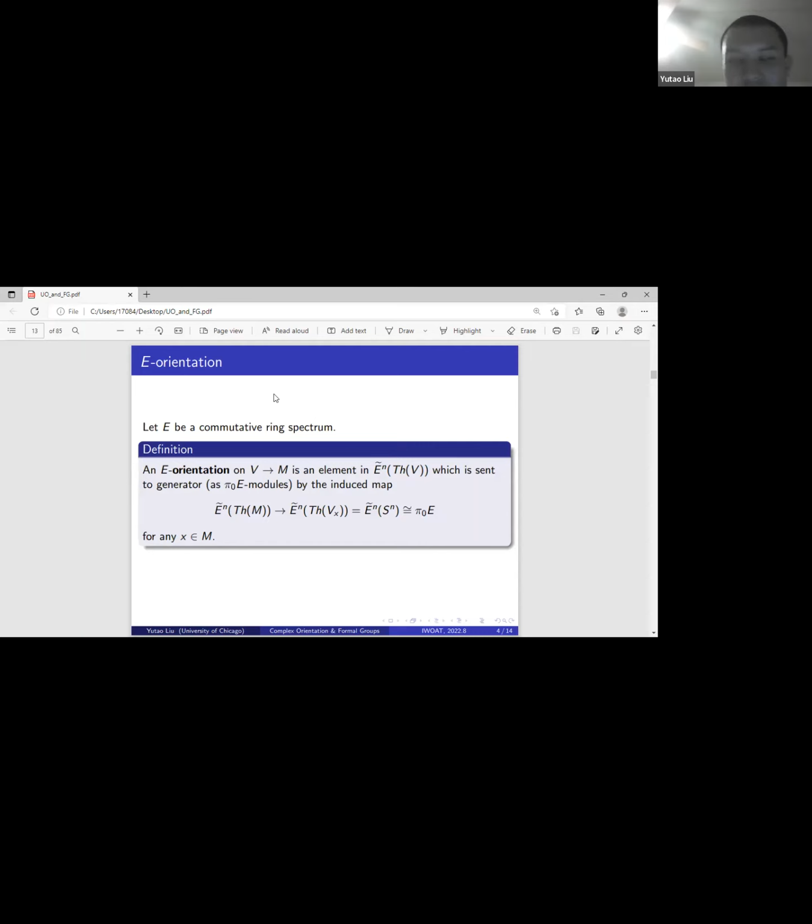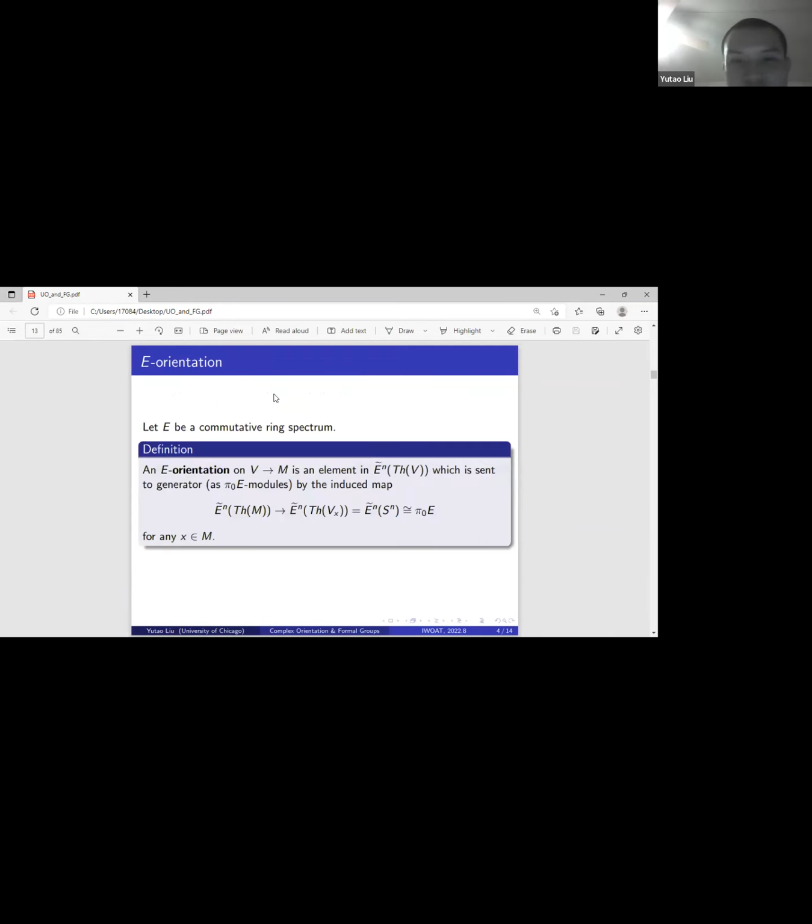It is the same as the traditional orientation. Basically, you just replace all the cohomology theory by the E cohomology theory. With such a definition, you can define something called an E orientation. The classical orientation on the vector bundle is the same as the HZ orientation because we use the ordinary cohomology theory as the detecting theory.